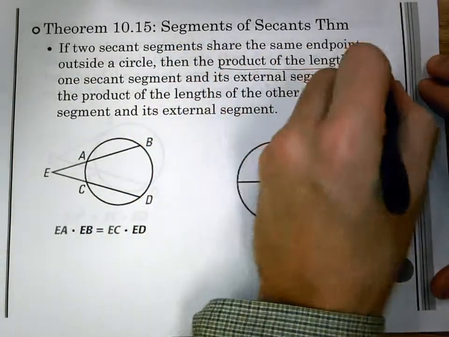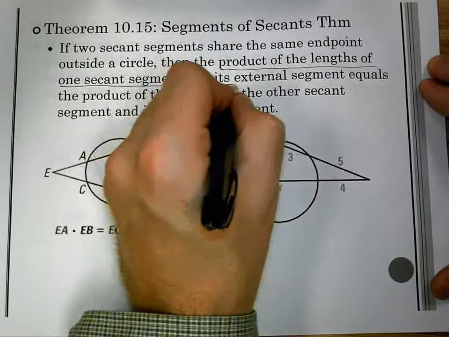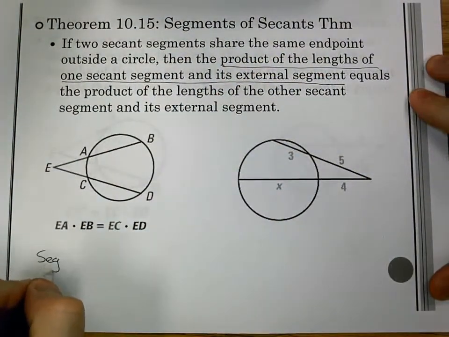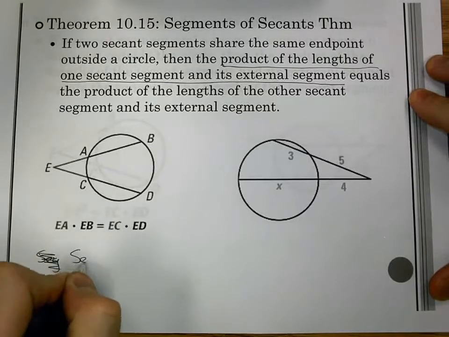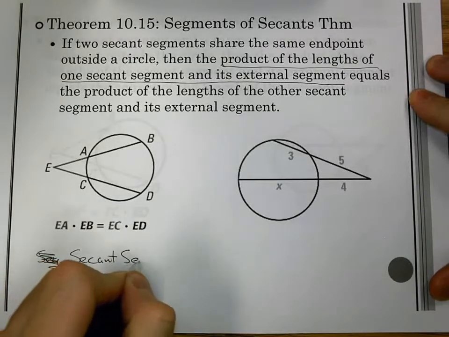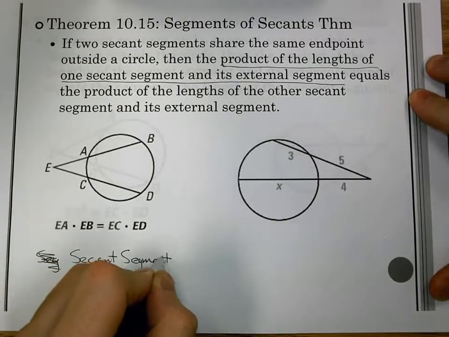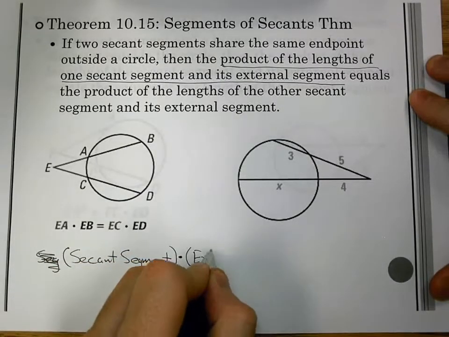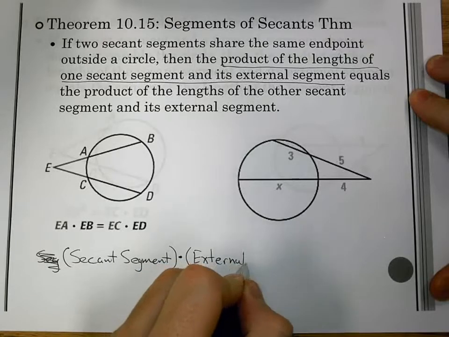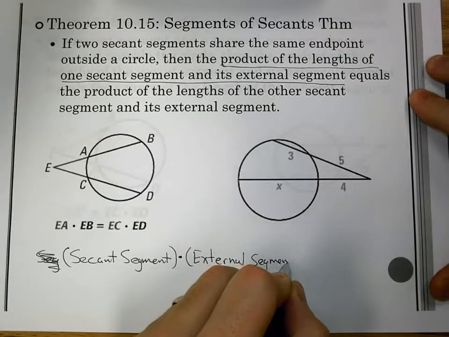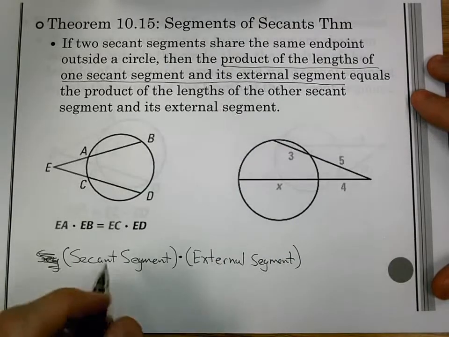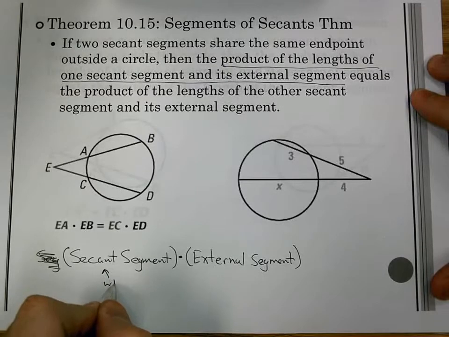Well, let's underline the important part right here. What that is saying is we're going to do the secant segment times the external. Now, like we just talked about on the last slide, the secant segment is the whole segment.